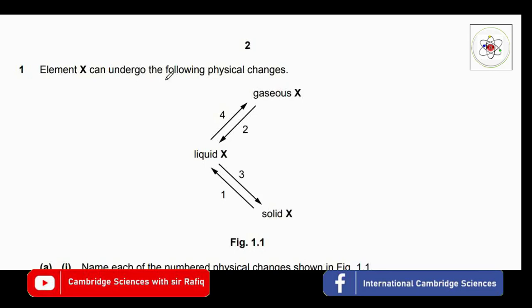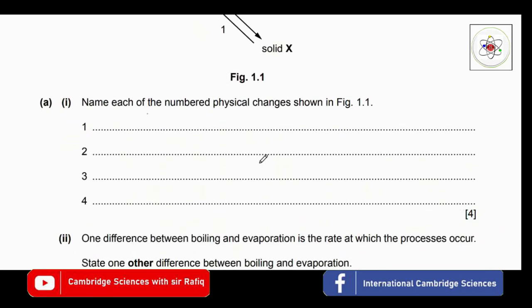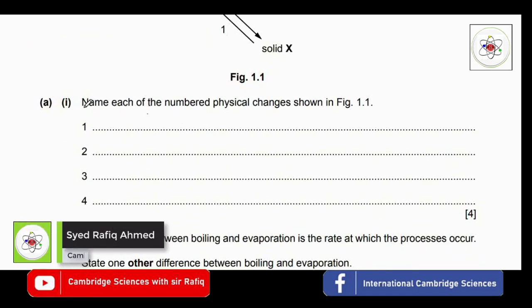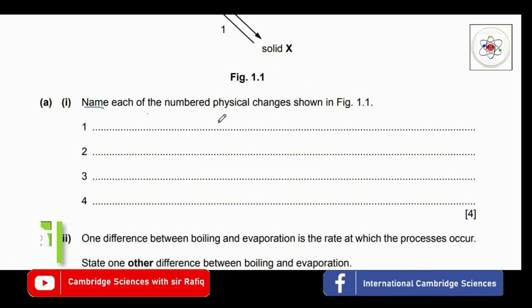Element X can undergo the following physical changes. Figure 1.1 is very clear that the physical changes are taking place. The question is, name each of the numbered physical changes shown in figure 1.1.